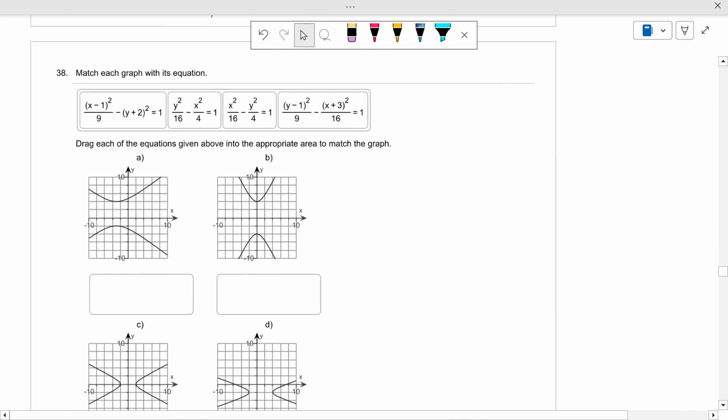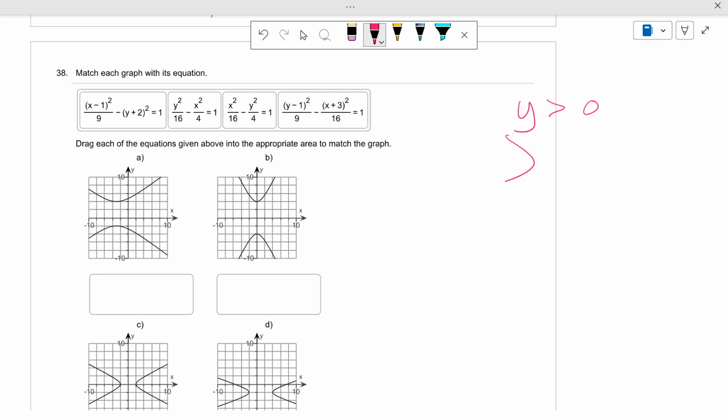If y is positive, then it's like this. Or if y is squared, well, so if y is positive, it's like that. If x is the positive one, if x is first before the subtraction sign, it's going to be like this. Okay?